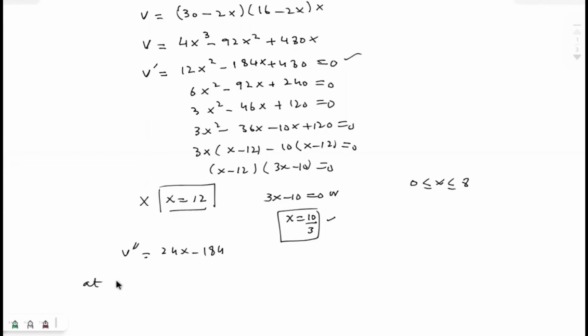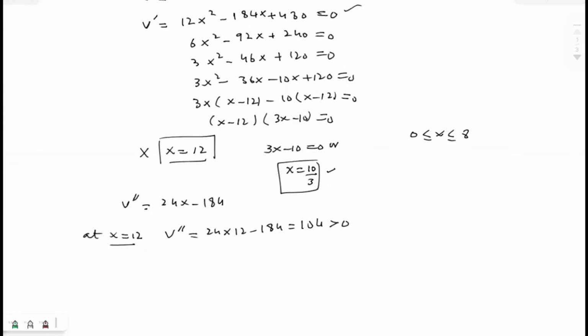And when x is equal to 12, V double prime would be 24 times 12 minus 184, which would be 104. So it is positive. It means this value will create a minimum volume.